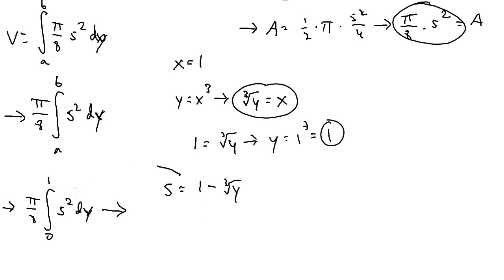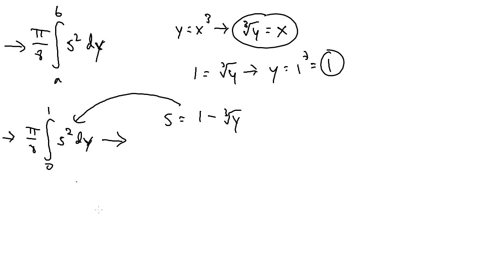Now I can substitute that in for s, and our final answer for volume is going to be pi over 8 times the integral from 0 to 1 of (1 minus the cube root of y) squared dy.